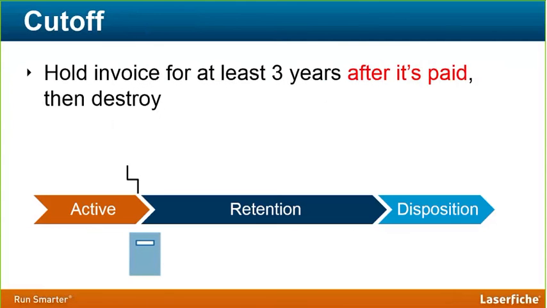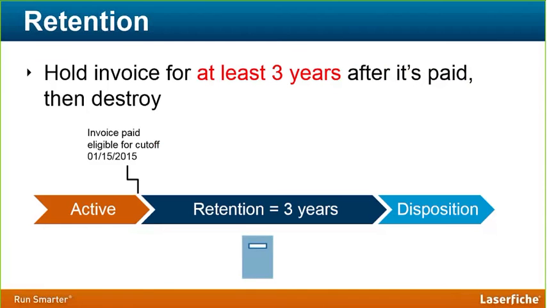So what's the cutoff? This is going to be an event cutoff. After the invoice has been paid, it's going to enter its retention period for 3 years. So after it's paid is going to be its cutoff. The invoice paid is eligible for cutoff on January 15th, 2015.